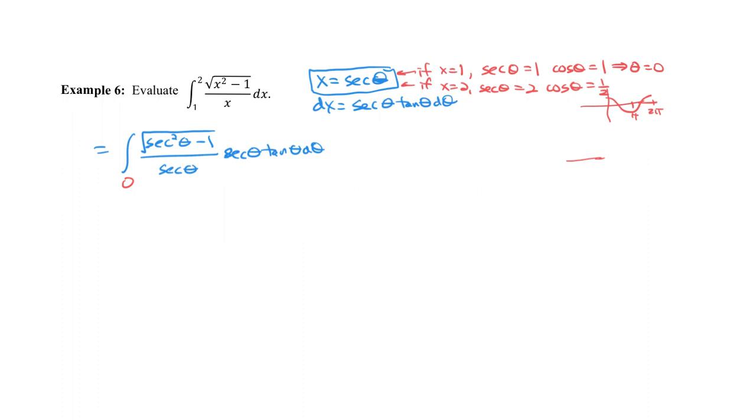Cosine theta is positive wherever x is positive, so it's positive in these quadrants here. Also, of course, the inverse cosine is defined in these quadrants.